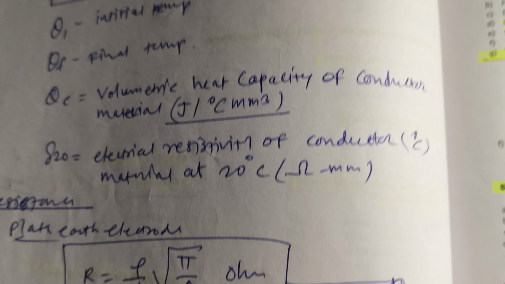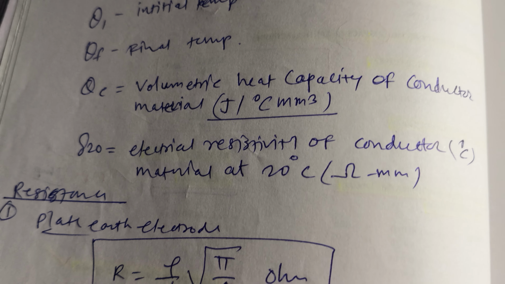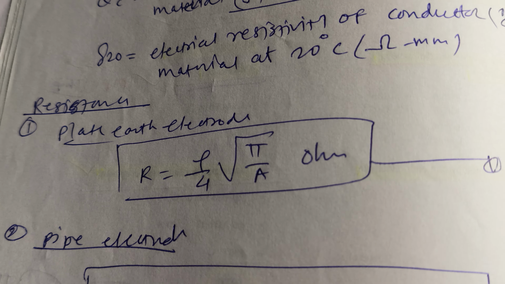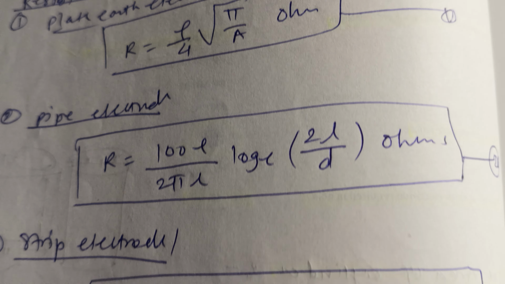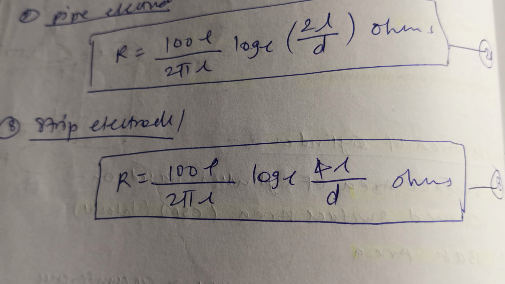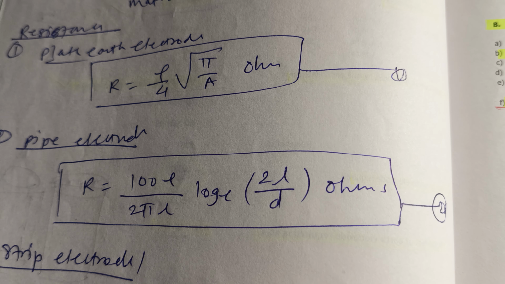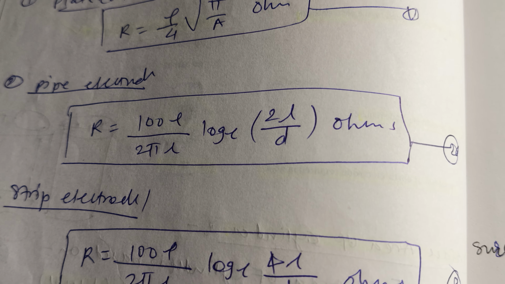Here once again we can discuss the K factor we calculated, the formula for the K factor. This is the resistance for the plate. The pipe electrode resistance is calculated, and the strip resistance, strip, pipe and earth plate. These are three different formulas.